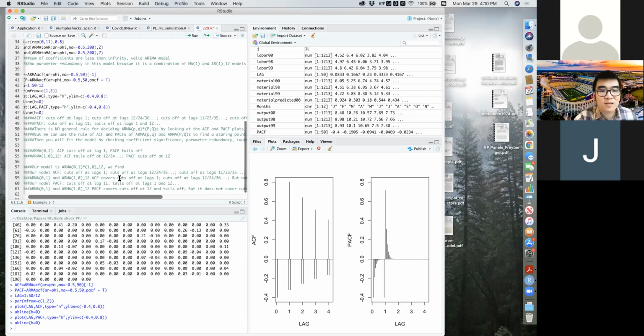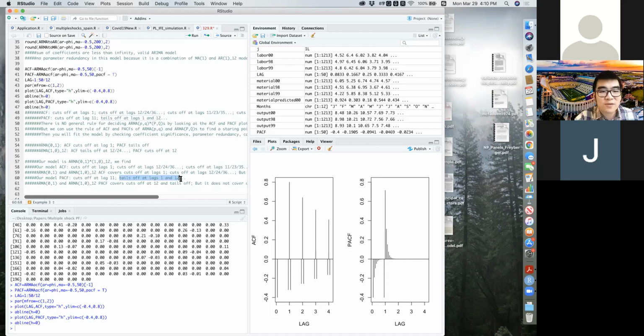So it covers some of the tailing off at lag 1 and lag 12, but it does not capture lag 11 here.